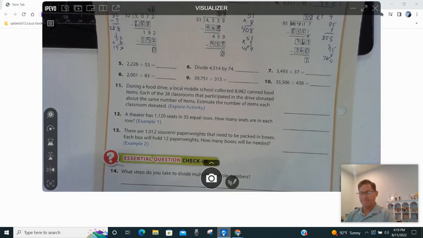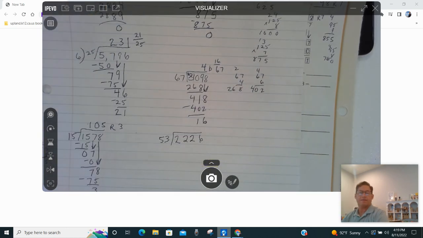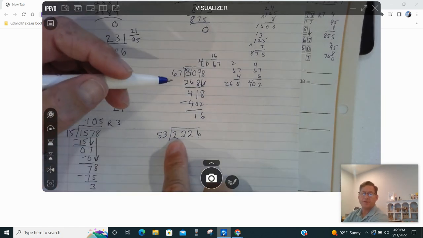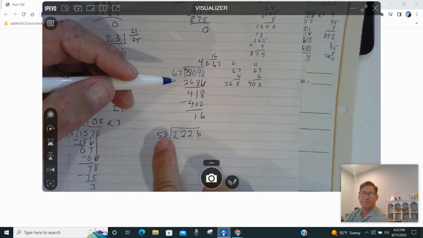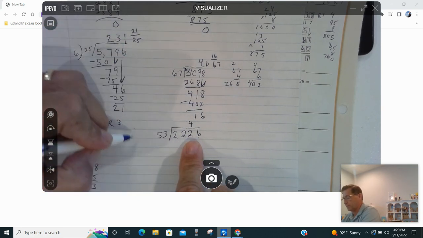Okay, number 5. 2,226 divided by 53. Okay, I can't. 53 is greater than 2. 53 is greater than 22. 53 can go into 222, maybe 4 times.